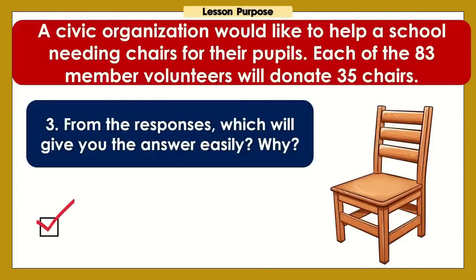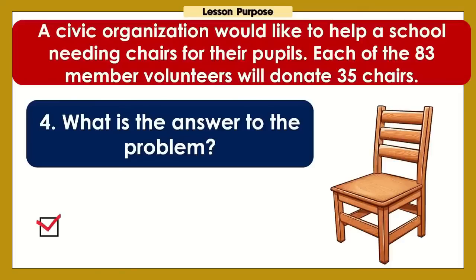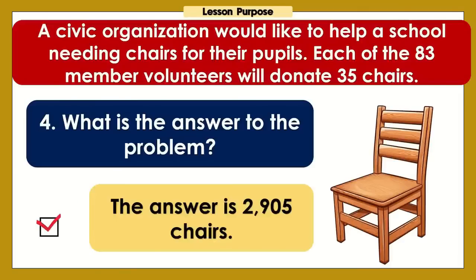Why? Very good. Using multiplication will give you the answer easily because it quickly combines the amounts. What is the answer to the problem? Very good. The answer is 2,905 chairs.